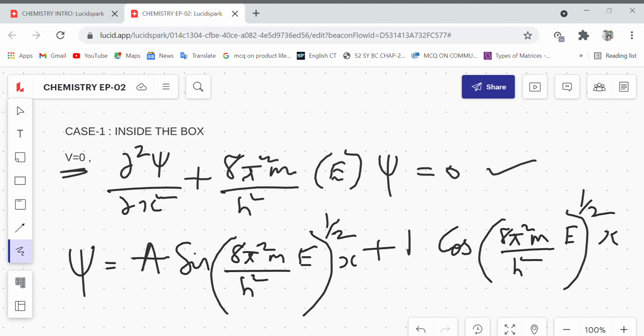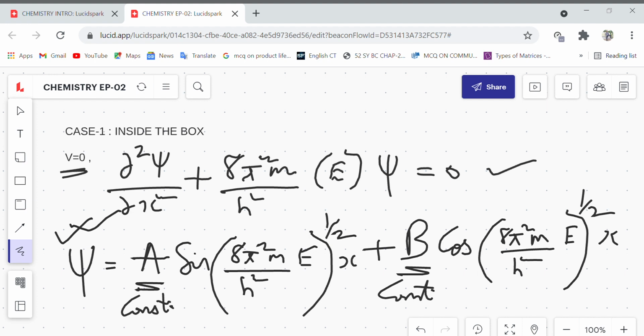So this is the value of psi, where A and B are both constants.